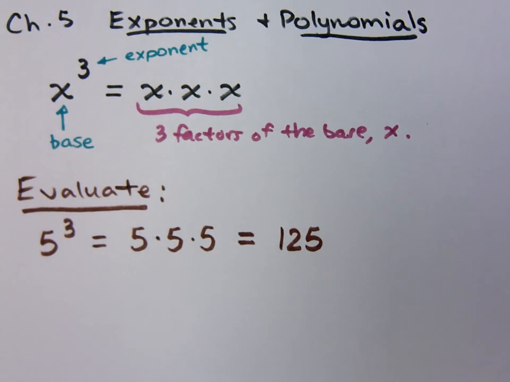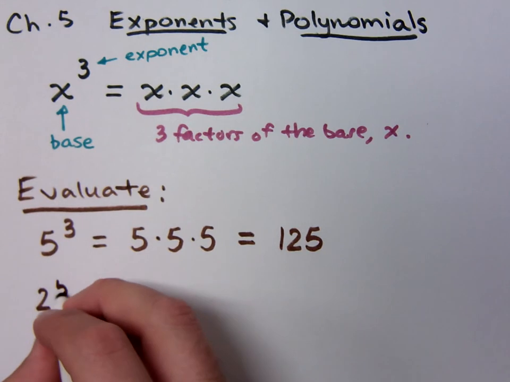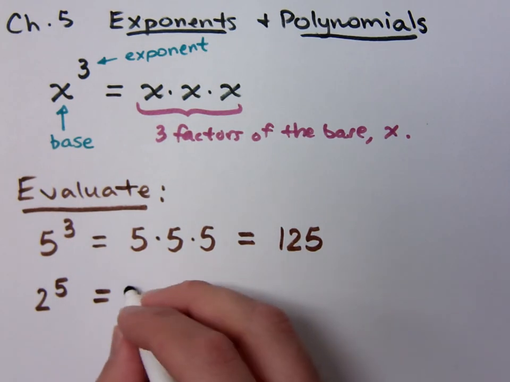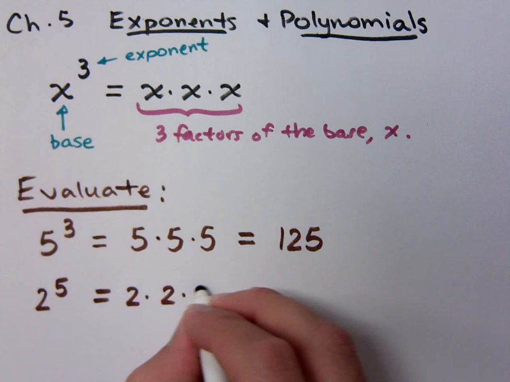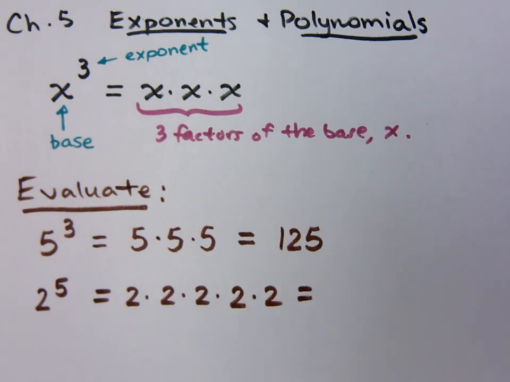Do y'all agree? Okay. If I were to have 2 to the 5th power, what does that mean? So what you're saying is that I have 5 factors of 2, right? So I have these 5 factors of 2. Now, if you want to use your hands on this, that's fine.